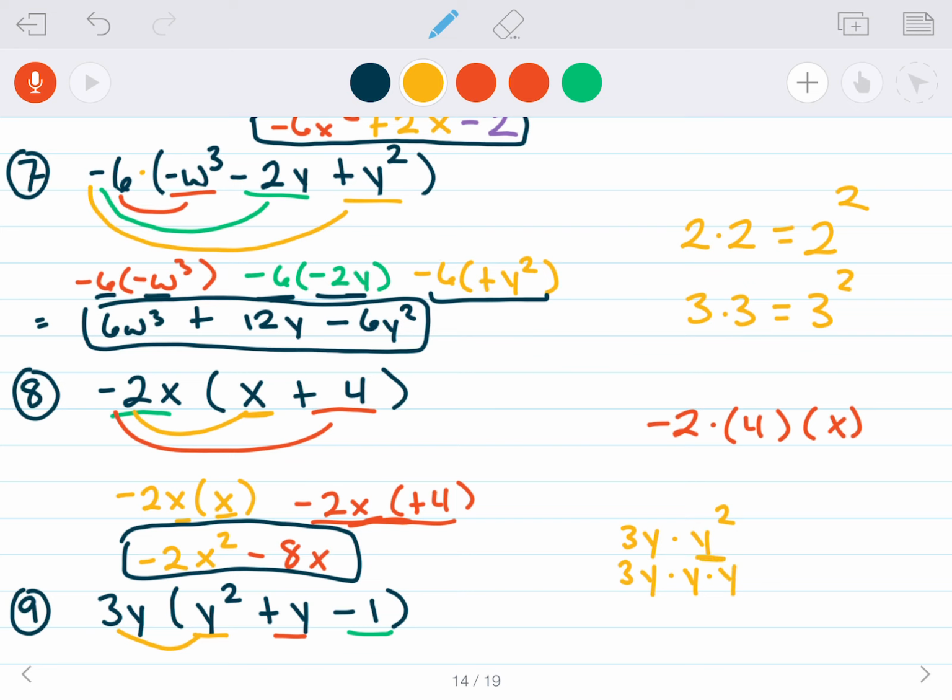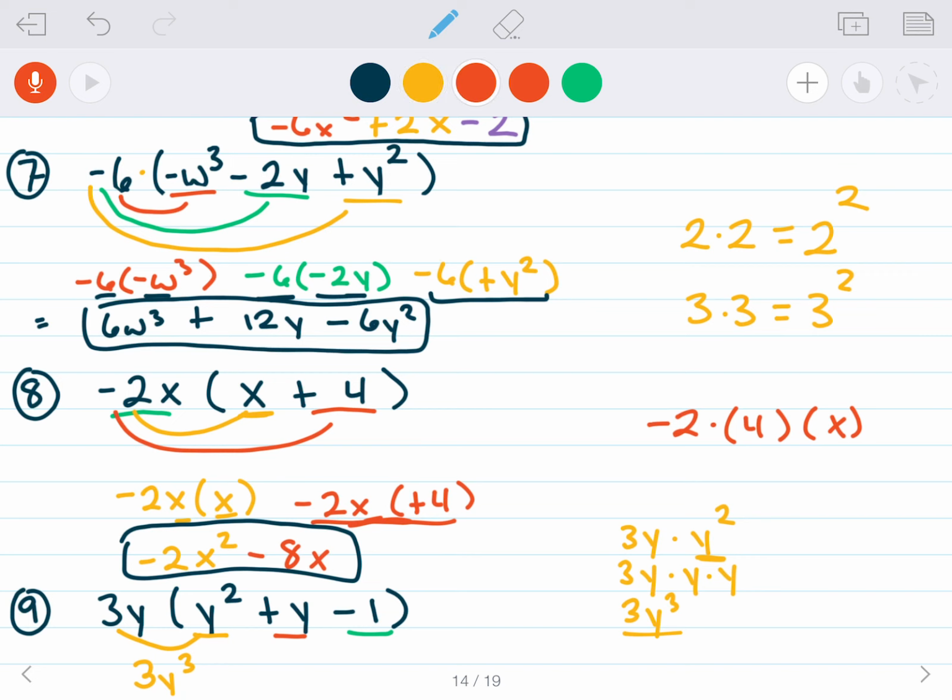And then a number times itself 3 times, if you remember from our exponents, is just that to the third power. So y times y times y is y to the third power. All right? So 3y times y squared gives us 3y cubed, or 3y to the third.